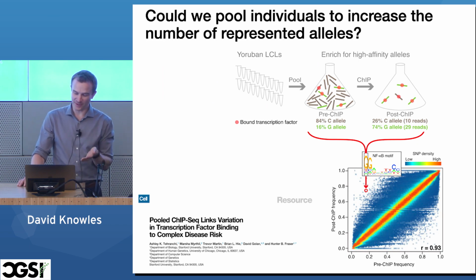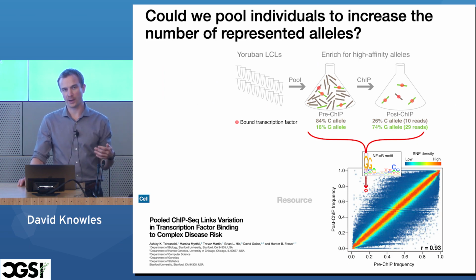Since I did my postdoc at Stanford, I was very aware of this work from Hunter Fraser's group, where they had pooled individuals' cell lines and then done ChIP-seq, and they also have follow-up work where they do ATAC-seq and look at DNA methylation.